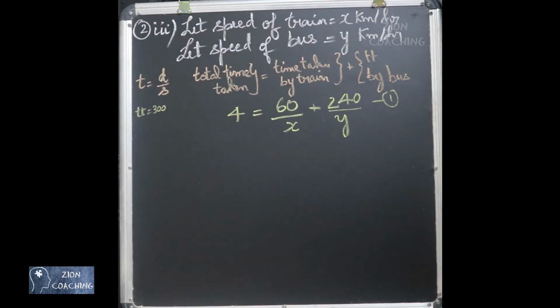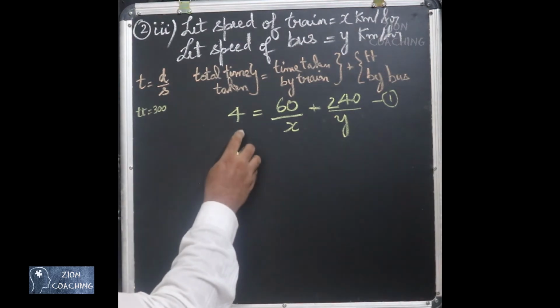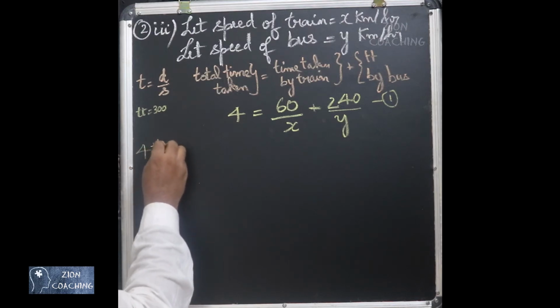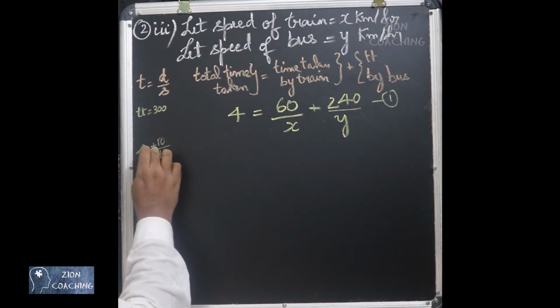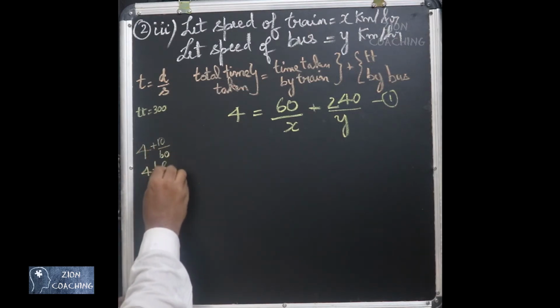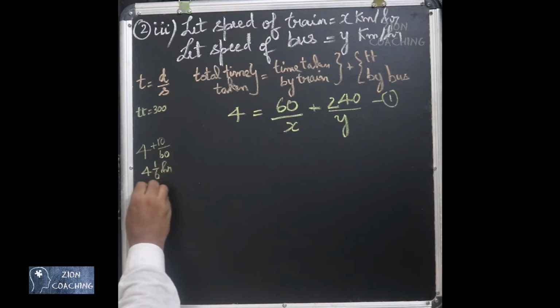Now the second case is, she takes 10 minutes longer. 10 minutes longer means 4 hours plus another 10 by 60 hour. That is going to be 4 1 by 6 hour. When you make it improper, you will get 25 by 6 hour.